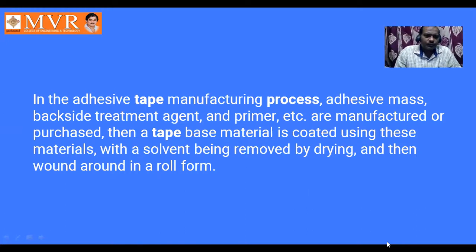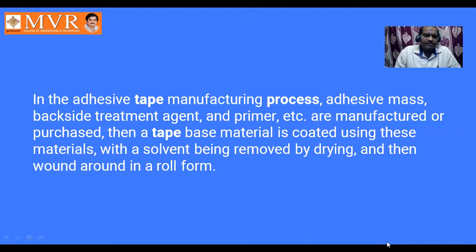In the adhesive tape manufacturing process, adhesive mass, backside treatment agent and primer are the three basic components we are going to use, manufacture or purchase. Then a tape base material is coated using these materials, with the solvent being removed by drying, and then wound into a roll form.